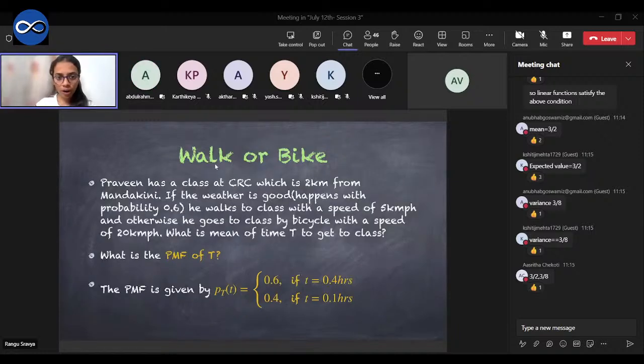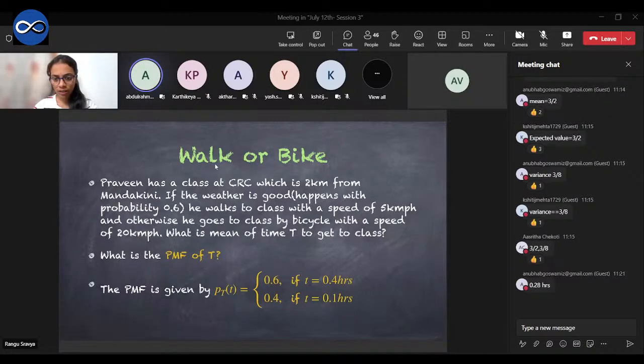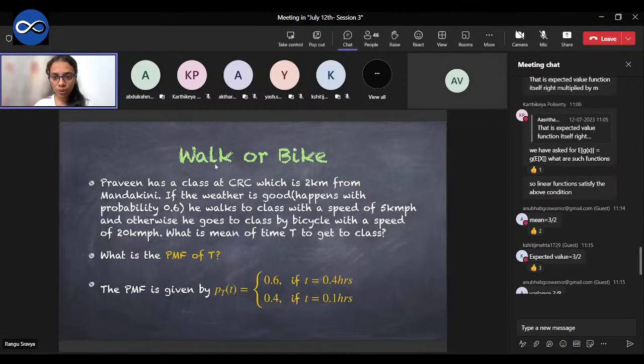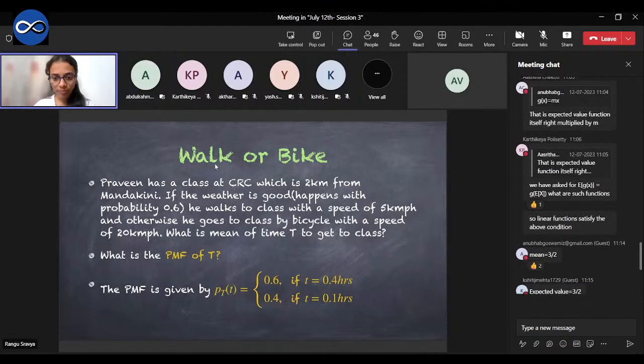If he goes by walk, then he goes with a speed of 5 km per hour. Then the time taken will be 2 by 5 hours, and that happens with probability 0.6. So probability will be 0.6 if t equals 0.4 hours.